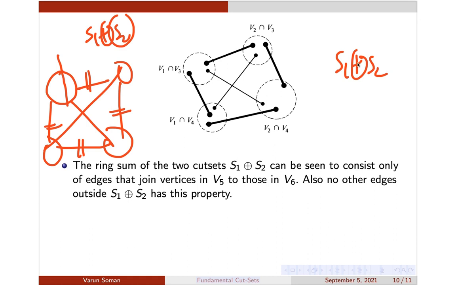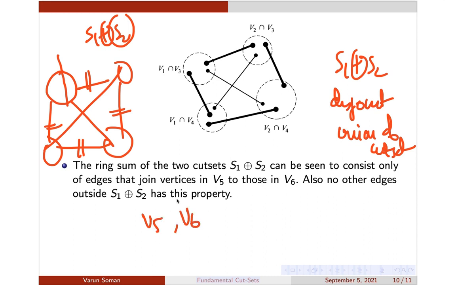That means this S1 ring sum S2 will be a disjoint union of cut sets. Why am I calling it a disjoint union? One cut set will be the one which will sever the connection between V5 and V6, and another cut set will be severing the connection in V5 itself. So you take these two together.